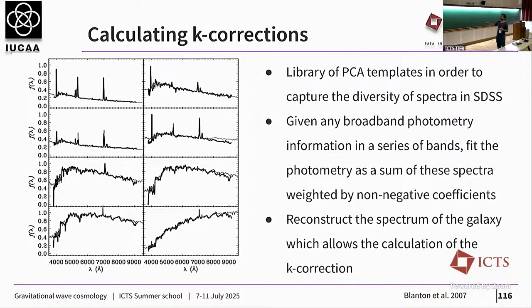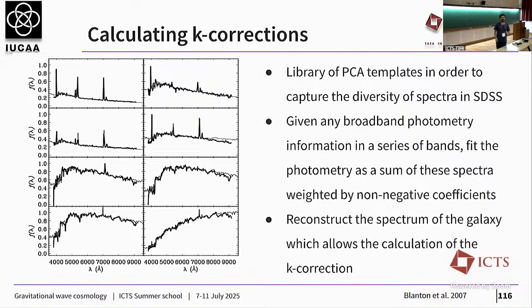Okay, and so you can see them here. Some of them are related to, you can see all these emission lines, and then this is basically the spectrum of an elliptical galaxy and so on. So what they do is, given the fluxes measured in different optical wavelength bands, they try to fit a combination of these PCA components with non-negative coefficients in front of them.